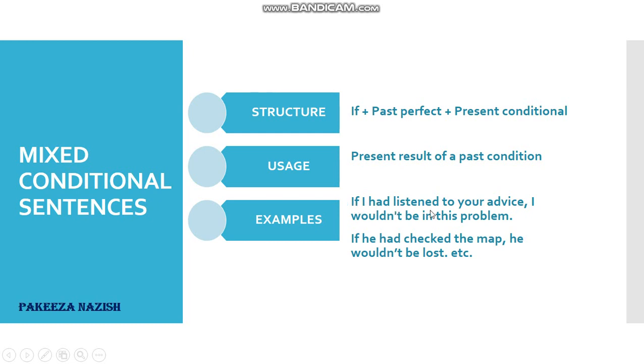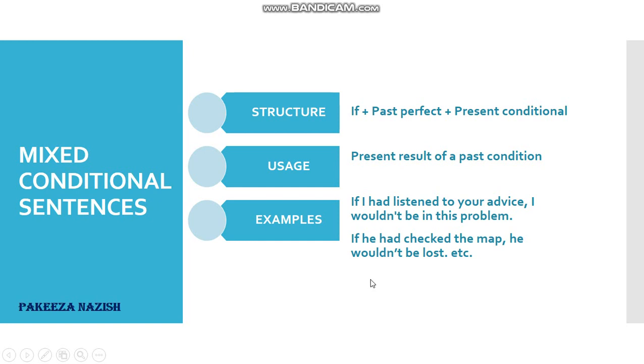For example, if I had listened to your advice, I wouldn't be in this problem, right? So this problem is present, because I am now in the problem because I had not listened to your advice. If I had checked the map, he wouldn't be lost. And if someone has been lost, and I am now very upset that if I had checked the map, that person would not be lost.